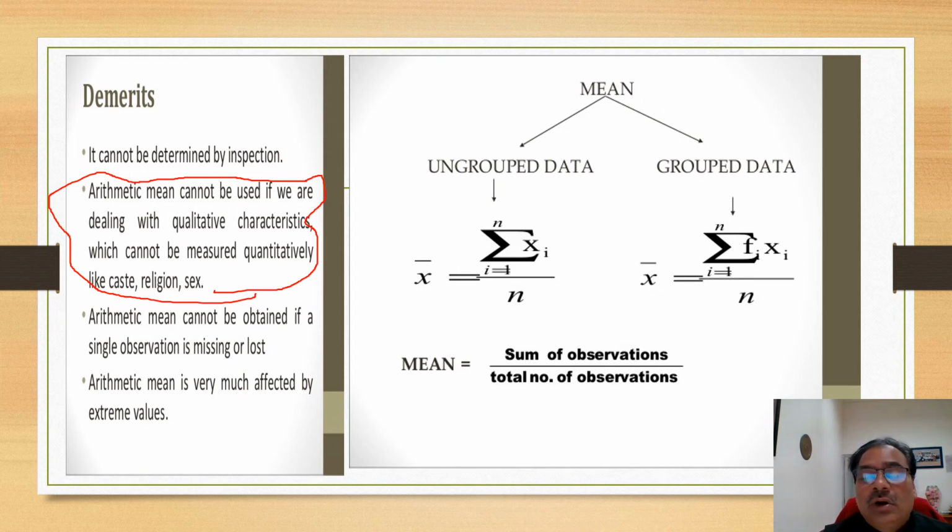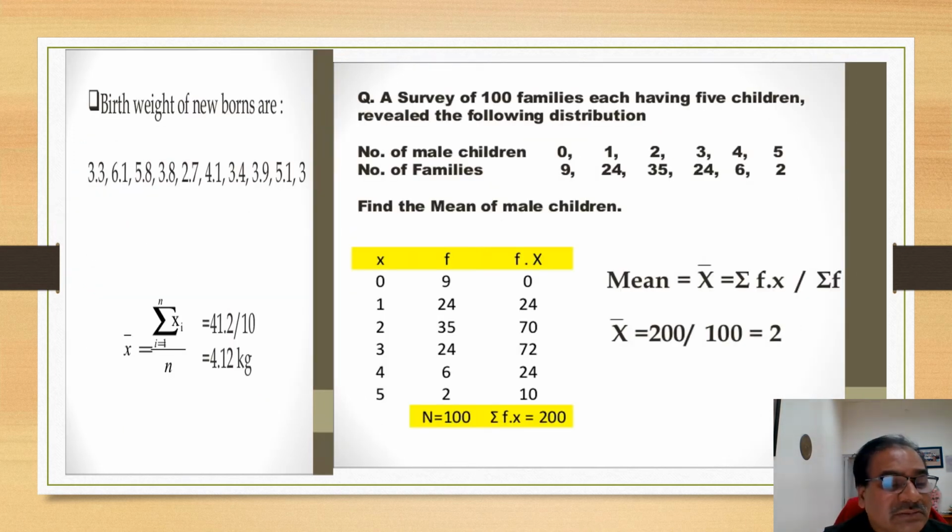Now there are two categories of mean in higher study. We always go through ungrouped data and grouped data. For ungrouped data, we already discussed summation of xi divided by n, and for grouped data it is summation of fixi divided by n, meaning the sum of observations divided by the total number of observations.